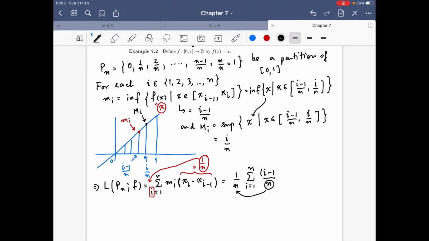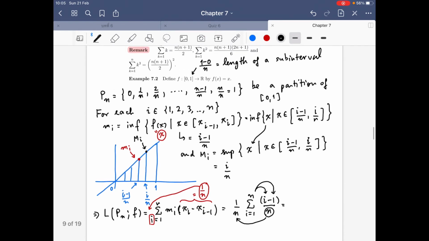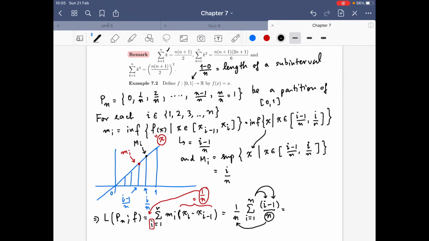So the thing that we have left is only a summation of i minus a summation of 1. The summation of i from 1 to n, we already have over here, so it is n(n+1)/2, and then a summation of 1, n times, so it will be just subtracting away the n, right?